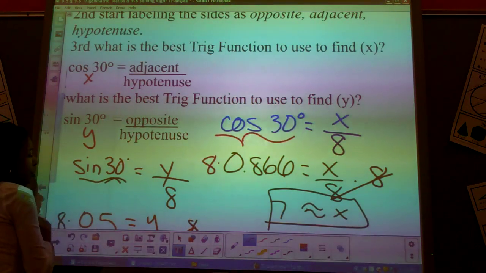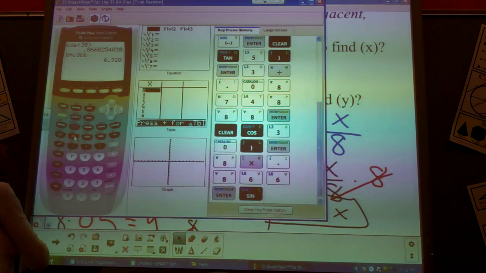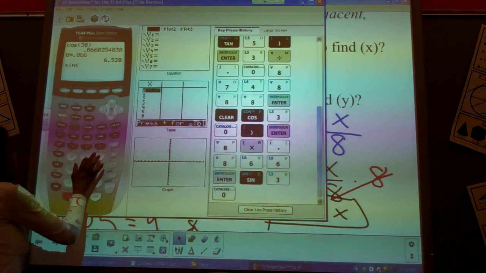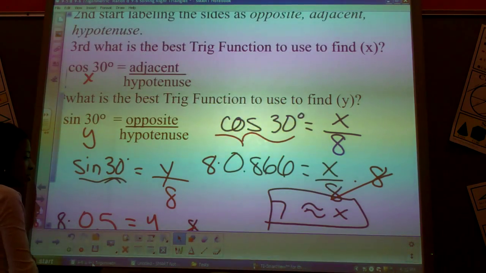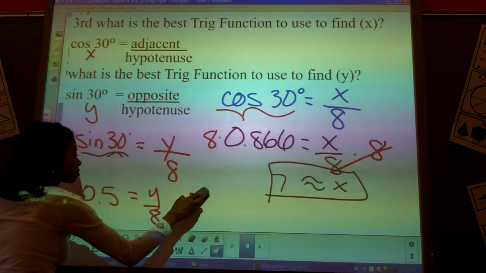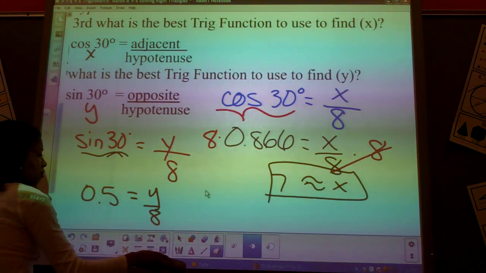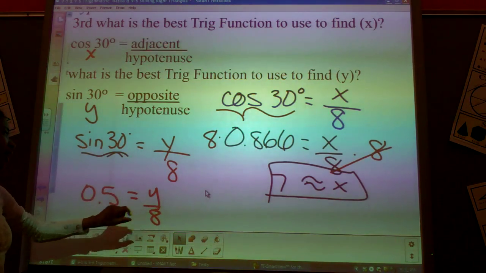This sine 30 is a real number. All we do is come in our calculator and put in the sine, S-I-N, 30 degrees. We get a number such that we get a half or 5/10. Okay? So here it is. Sine 30 is equal to 5/10 equals y over 8.